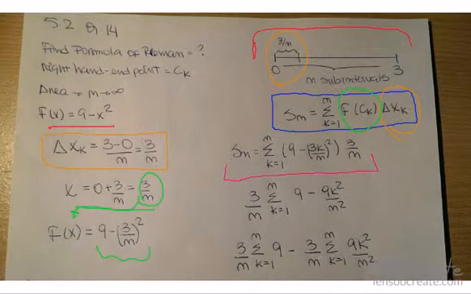With that, the first thing that I noticed is I had this 3 divided by n, and I knew that was a constant, so I went ahead and took it out, and that's why it's here. Then I was left with just 9 minus 9k squared divided by n squared on the inside.